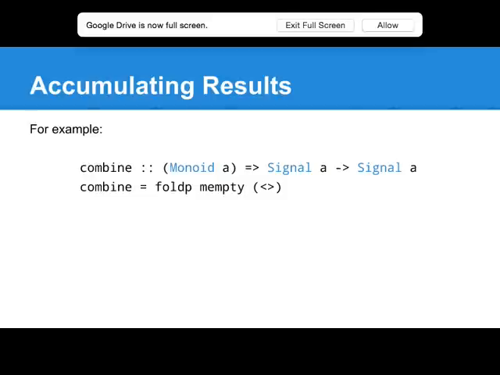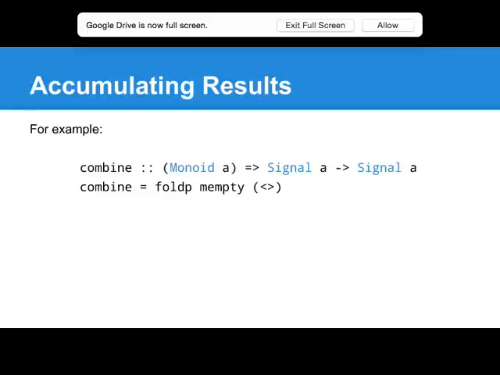So for example, let's say we have some monoid, let's say it was integers under the maximum operation, the maximum binary operation, with negative infinity as the empty value. Then if I have a signal of that monoid, I can combine them as the events come in.